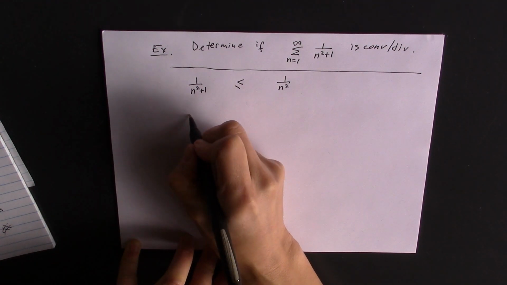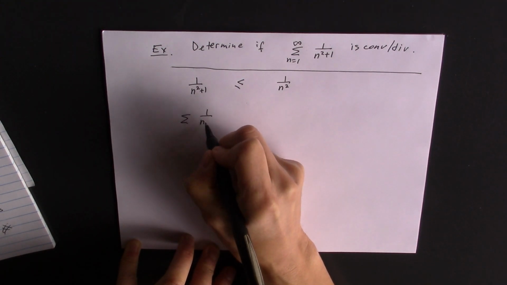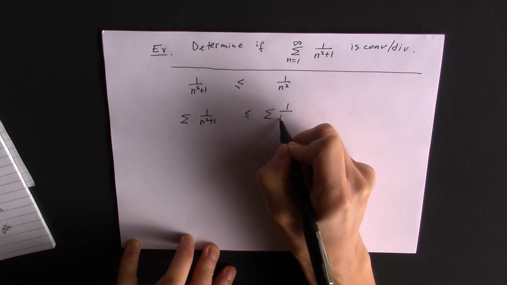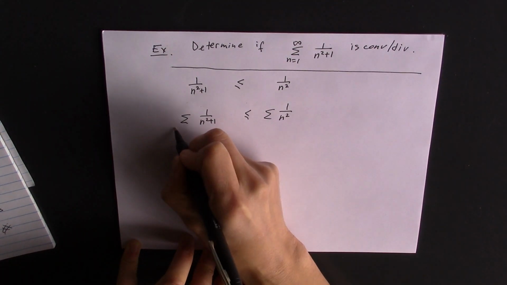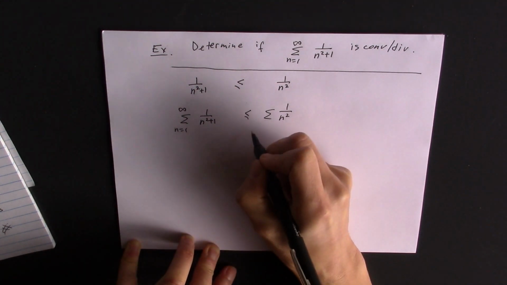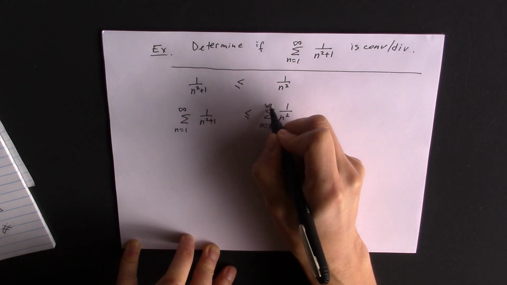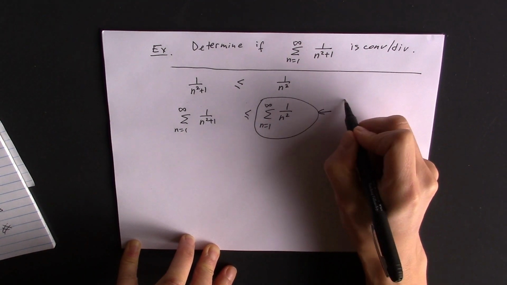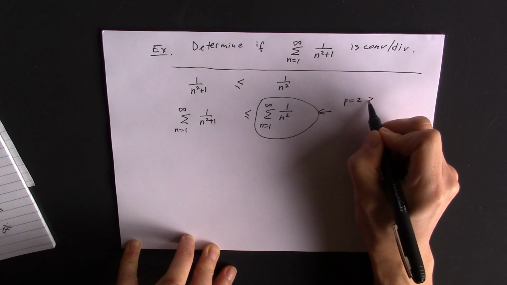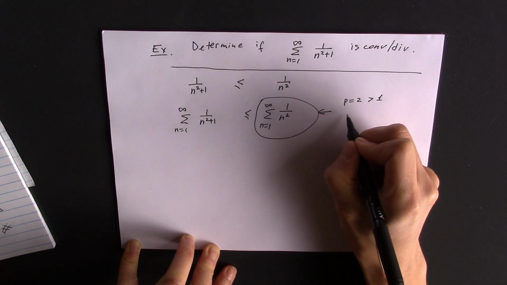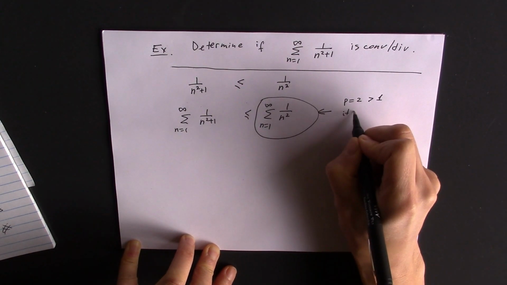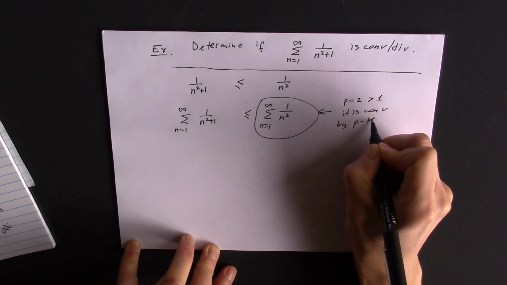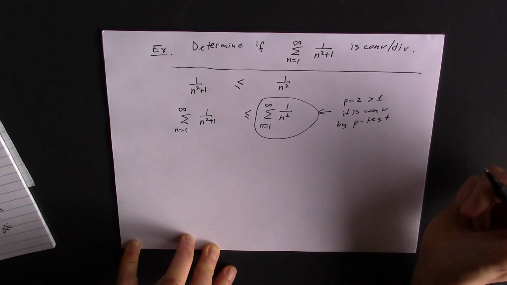Now if we look at the series 1 over n squared plus 1, it's going to be less than or equal to the series of 1 over n squared, from 1 to infinity. We recognize that as a p-series, p equals 2, p bigger than 1, convergent by the p-series test.